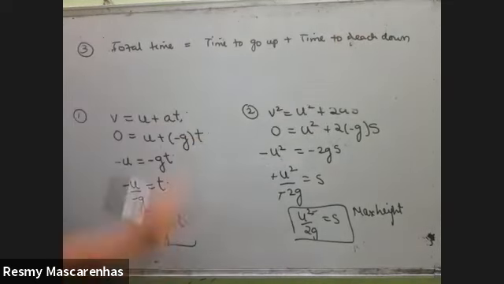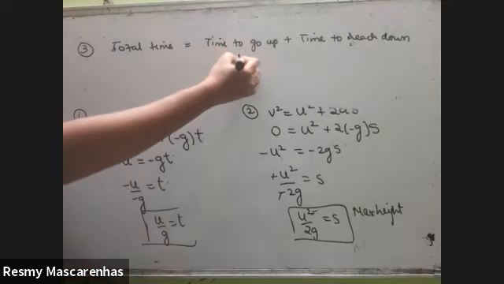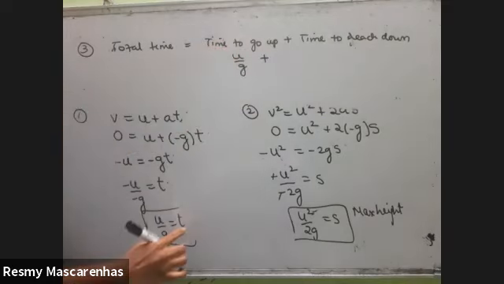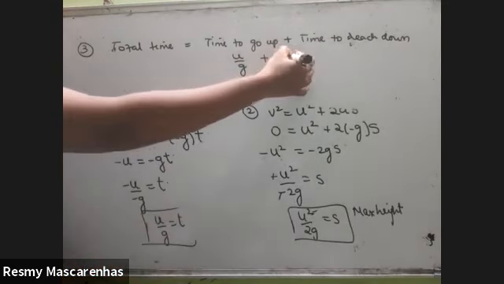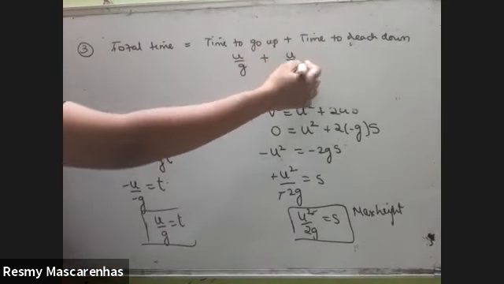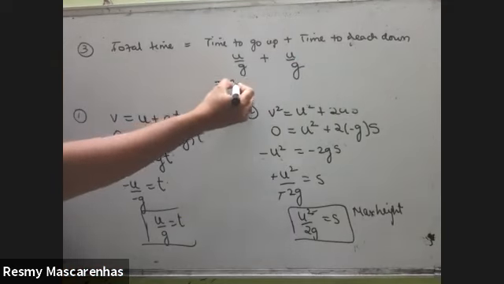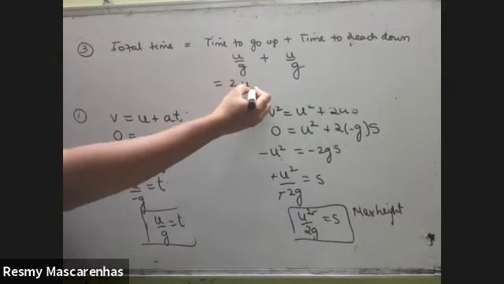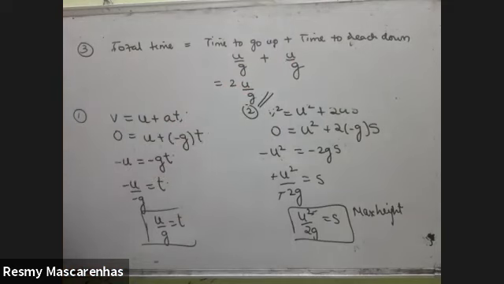How much did you need to go up? u upon g. And I told you it's the same thing for coming down also. If it takes this time to go up, both the times are equal. So therefore your total time will be 2 times u upon g. So if you get the one way time, you just have to multiply it by 2 to get the total time.